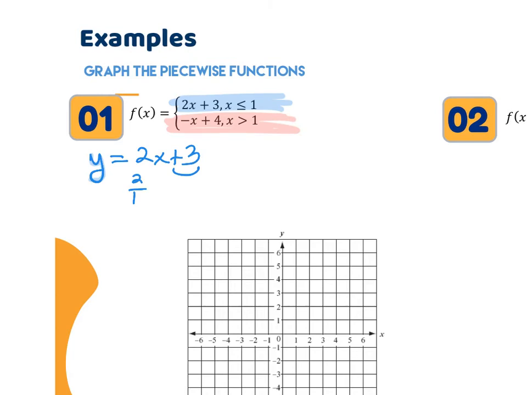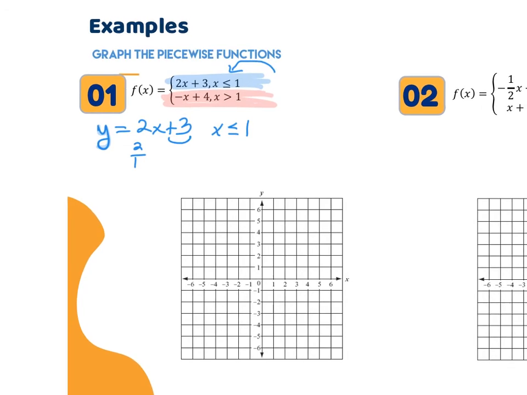However, notice I've got a restriction on where the graph should be located. It's got x is less than or equal to 1. So what I'm going to do is, if I were to just graph this using y equals mx plus b form, I could put my first point on positive 3, and then I would move my slope. Rise 2, run 1, and then I could do it this way.